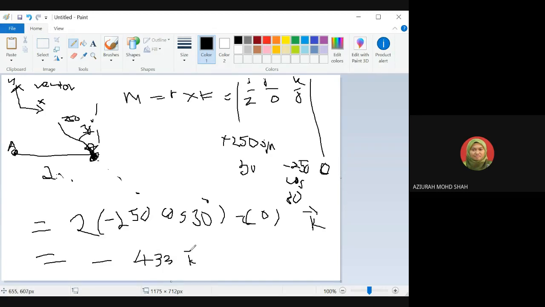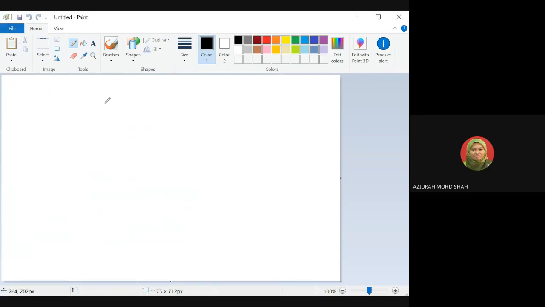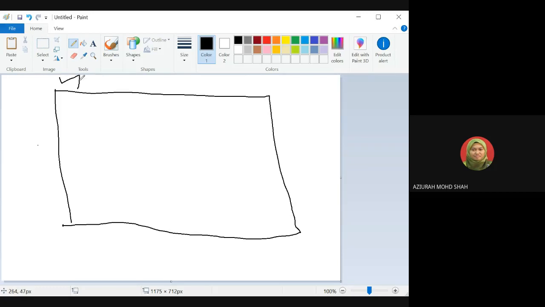So what does this mean? It is negative. Okay, this is your plane, Y and X. This is your point A. When it is negative, this is your Z. So you get negative K. So your moment is actually in this direction. So the rotation you get is clockwise. Try looking back at the right hand rule. Look back at your hand.